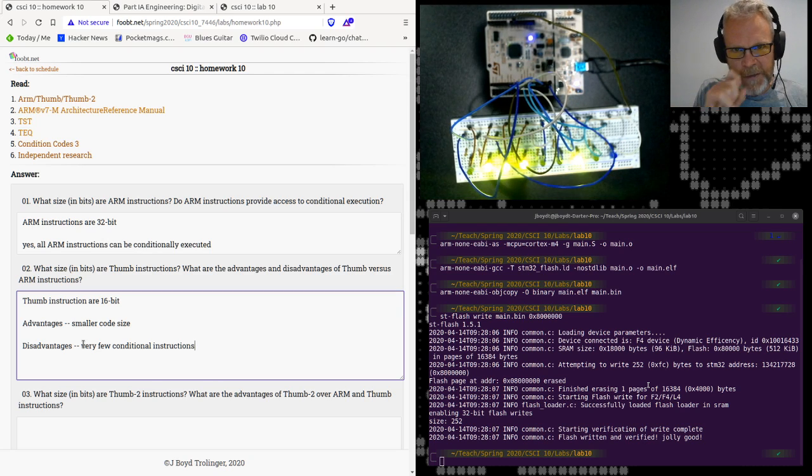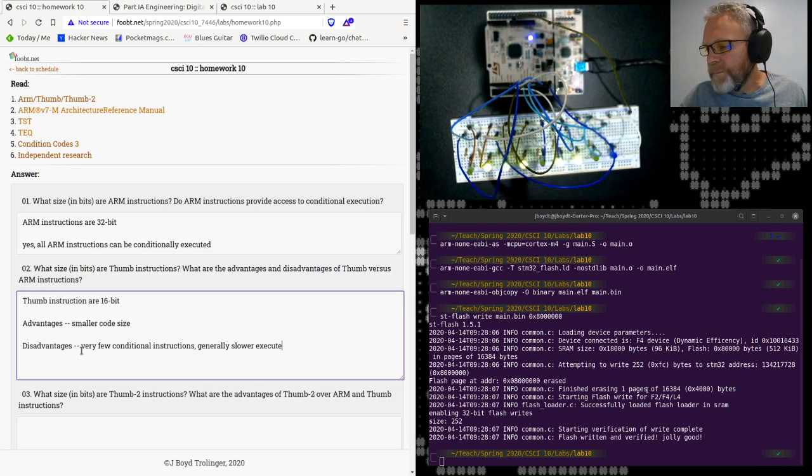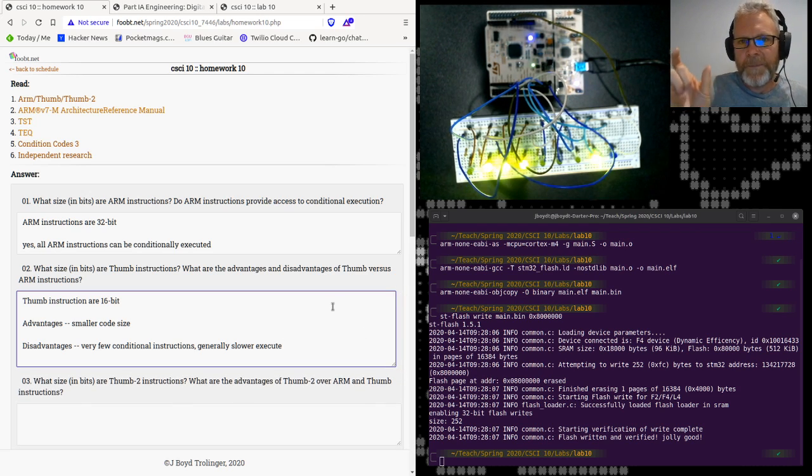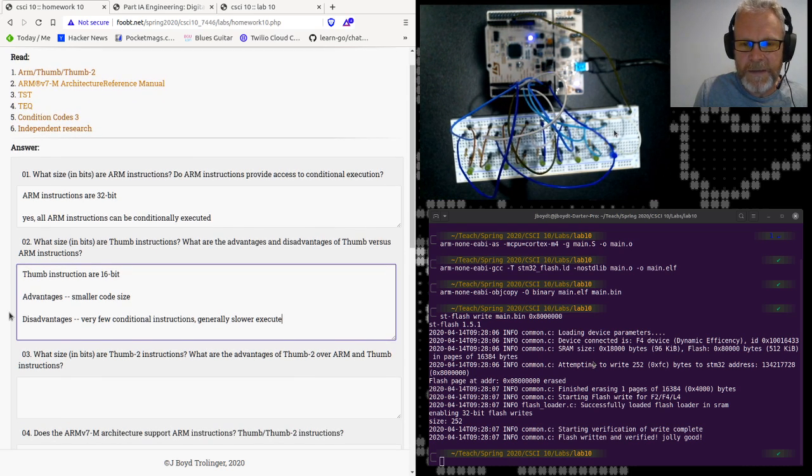So conditional instructions, wonderful, but Thumb doesn't have very many of them, and the reason it doesn't is because it's trading smaller size and giving up more convenience. It's also true, by the way, that Thumb instructions are slower to execute generally. But Thumb is usually used in very small systems. So we're not talking about laptops and phones and stuff. Tiny embedded sensor systems and things.